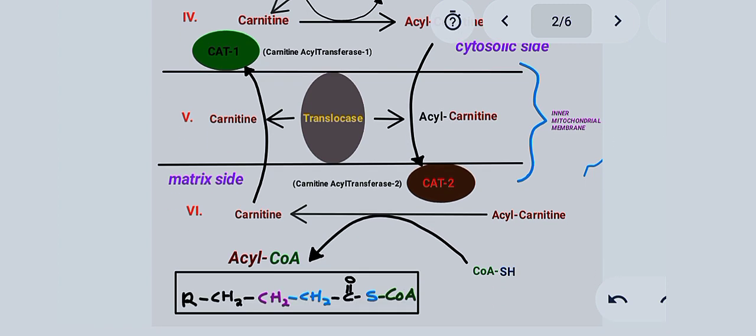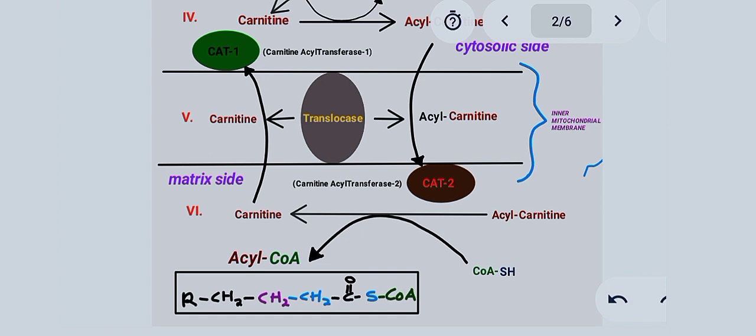The reason is simple: acylcarnitine cannot be used in beta oxidation, but acyl-CoA is what is going to be used in beta oxidation. The only reason why we converted acyl-CoA to acylcarnitine is because acyl-CoA cannot cross the inner mitochondrial membrane, but acylcarnitine can.